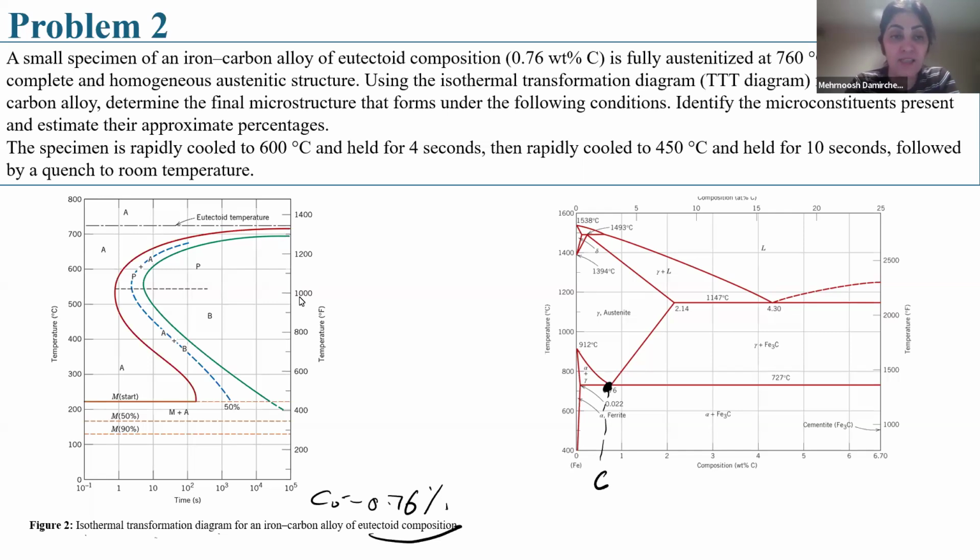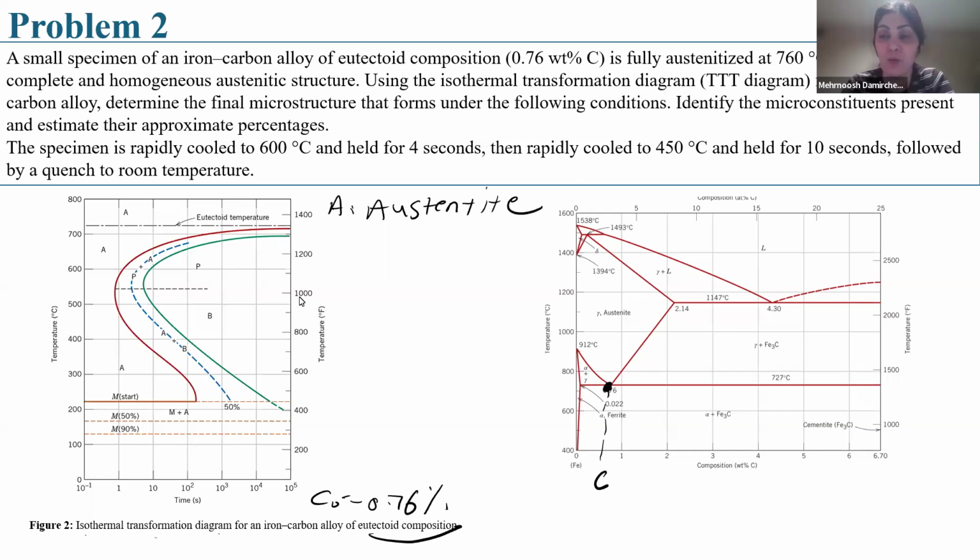Okay, it says rapidly cool to 600. It is not so complex, the same as before. We have A, which is austenite, here. We don't have any proeutectoid phase. What is the meaning of proeutectoid phase? If we are hypoeutectoid, the proeutectoid phase is proeutectoid ferrite.